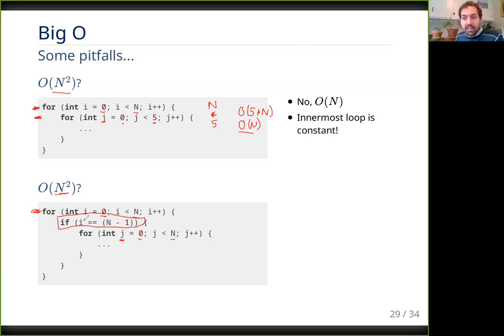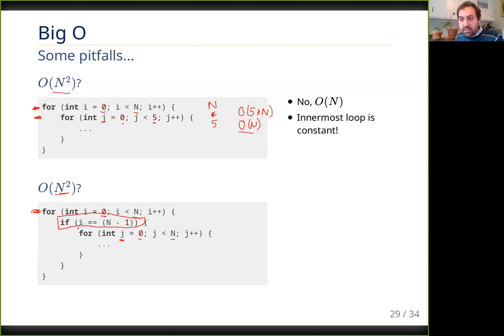This if statement will only succeed one time at the very last iteration, when the value of I is equal to a very specific value.